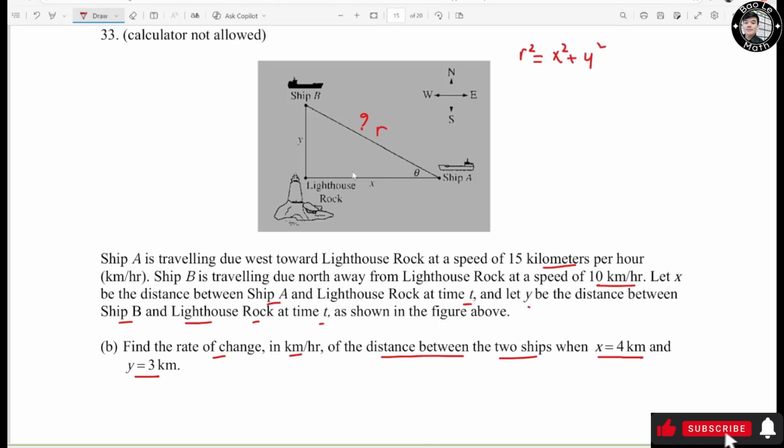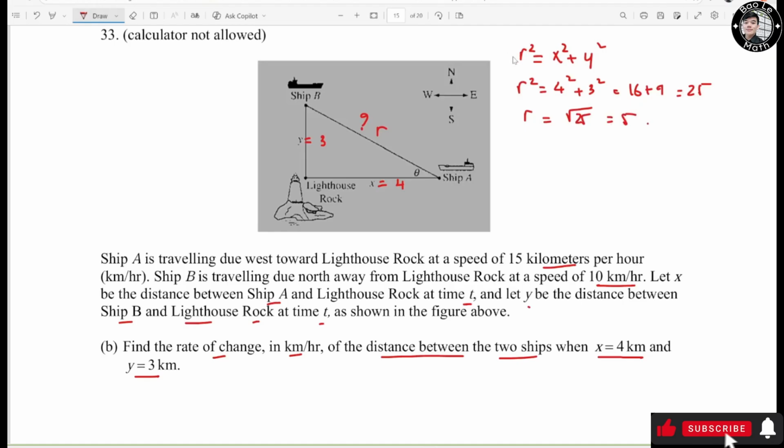So I substitute S equals 4, Y equals 3, right? So R squared equals 4 squared plus 3 squared, it could be 16 plus 9, it could be 25. So R equals square root of 25, it could be 5, right?